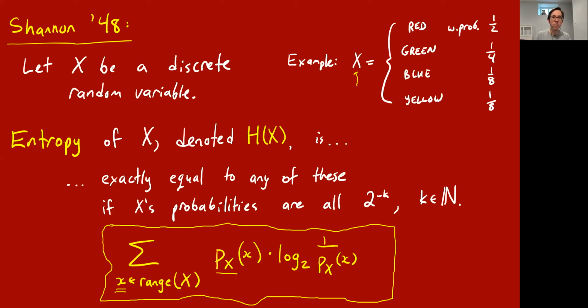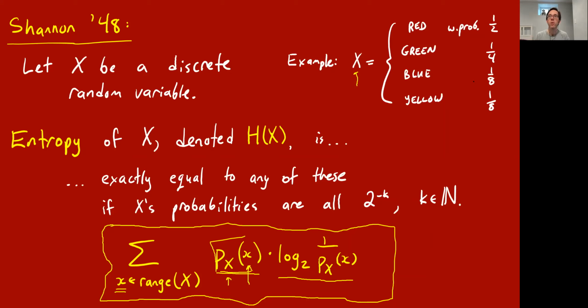Those are the little x's here. And there's some probability that I've denoted P sub capital X of little x. Capital X means the random variable, and little x means an outcome, like red, green, blue, yellow. There's that probability that you would be trying to generate that outcome, and then the number of coin flips you needed was the log base 2 of the reciprocal.